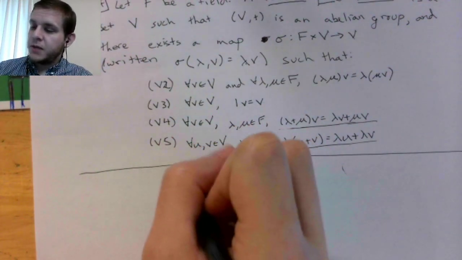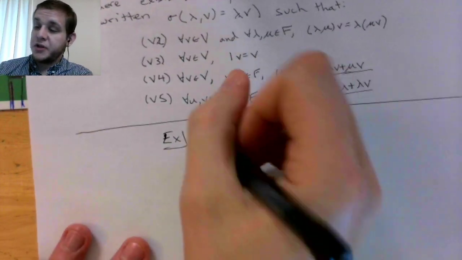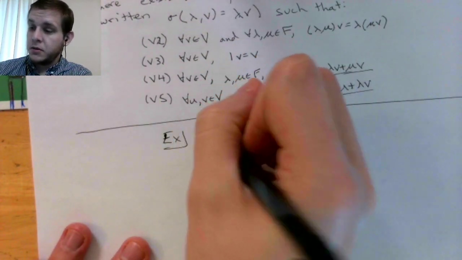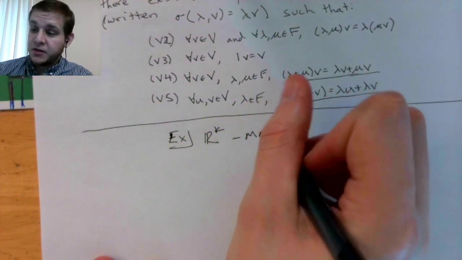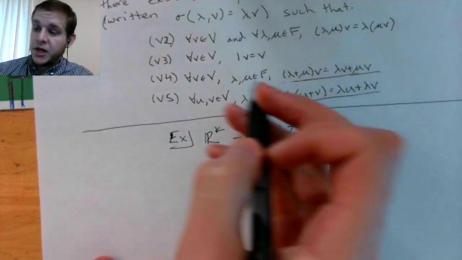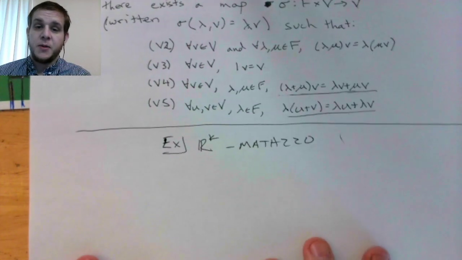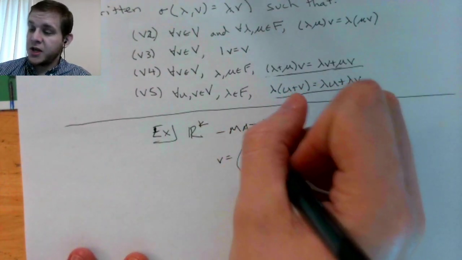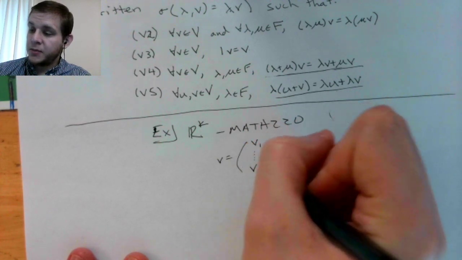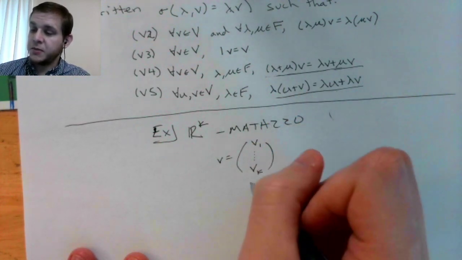So I'm going to go over 2 examples of vector spaces. One is just R^k. This is just everything you learned in Math 220. It's very easy to confirm all of these properties for R^k. So an element of R^k is just v1 up through vk, where each of these is a real number.